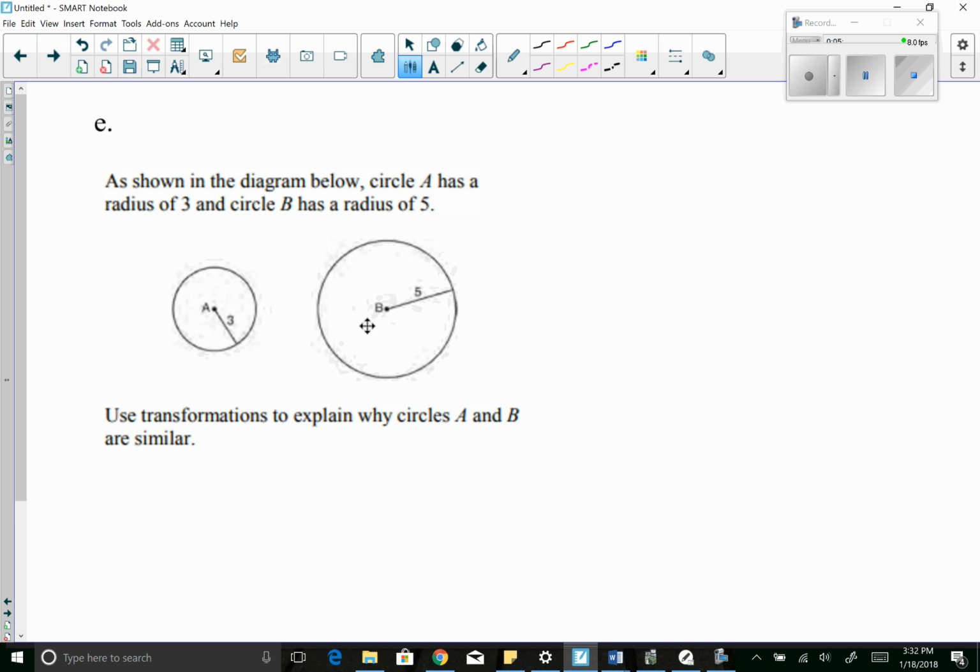So the radius in any of these circles is always going to be a 3 or a 5. So they're proportional to each other because it's the only segment that we have. So one of the things we can say here is all circles, no matter the radius, are similar. It's an important concept that I'm hoping that you were able to develop.